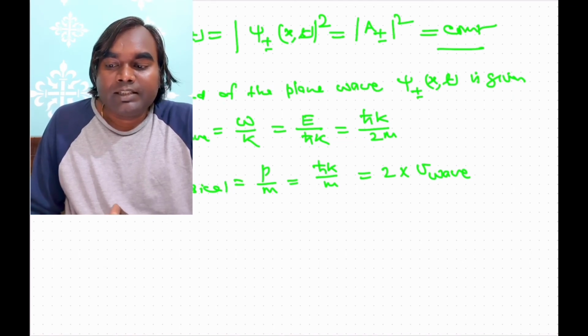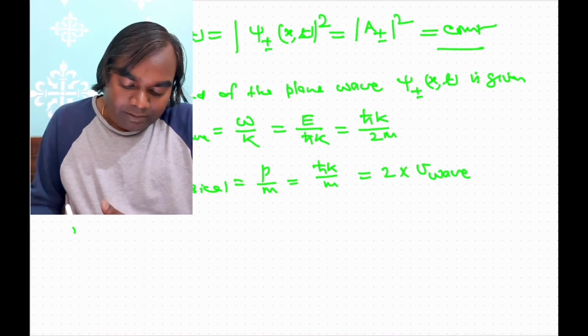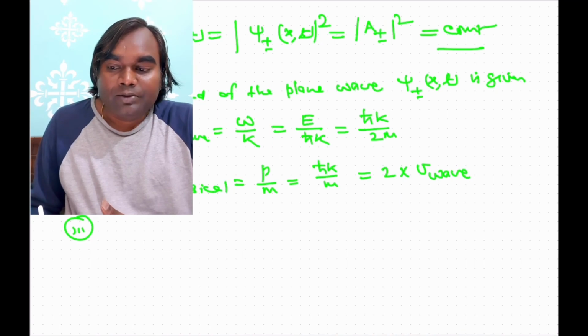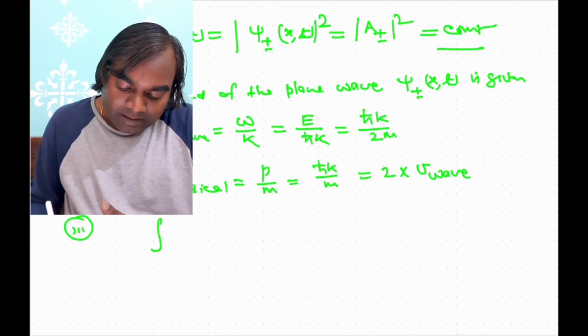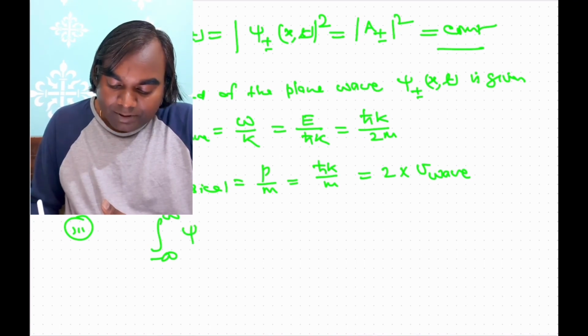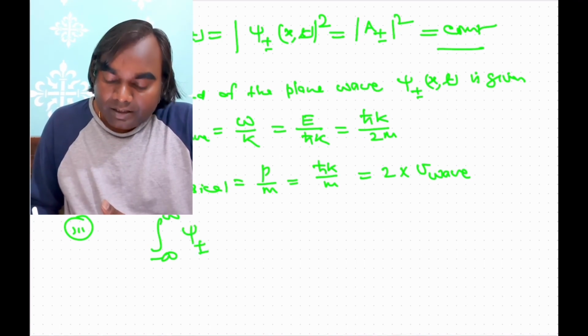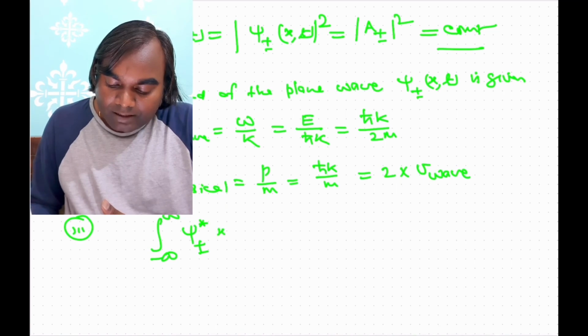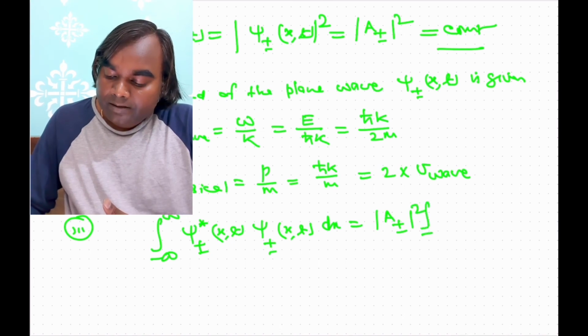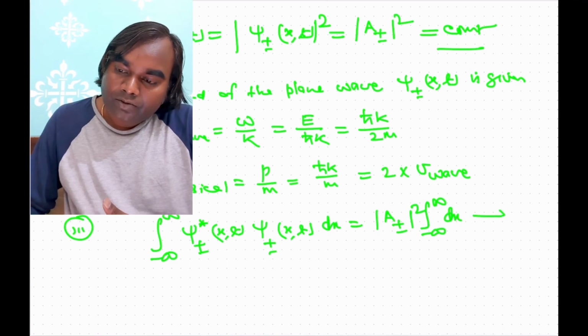Now the third subtlety is that the wave function is not a normalized wave function. How? If we check whether the normalization condition is fulfilled in the case of this wave function or not, we find that we will be having this, and this tends to infinity.